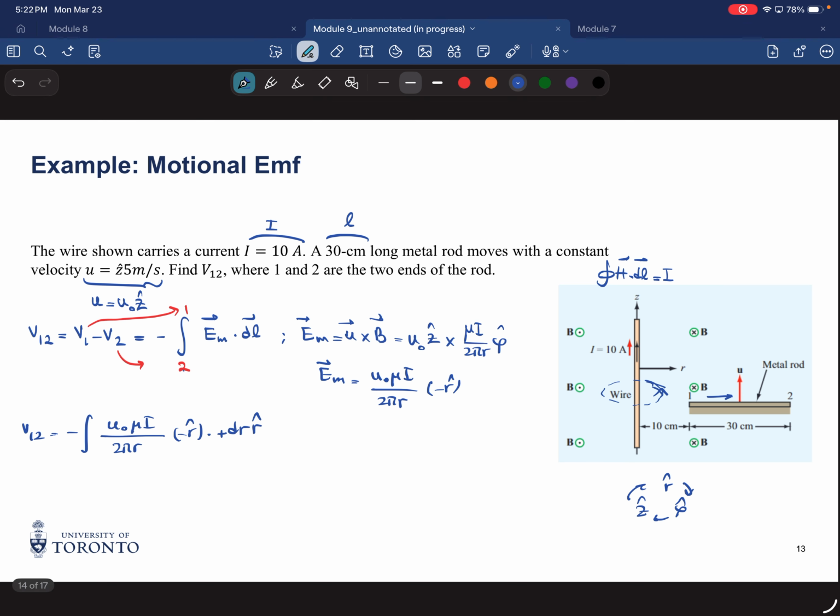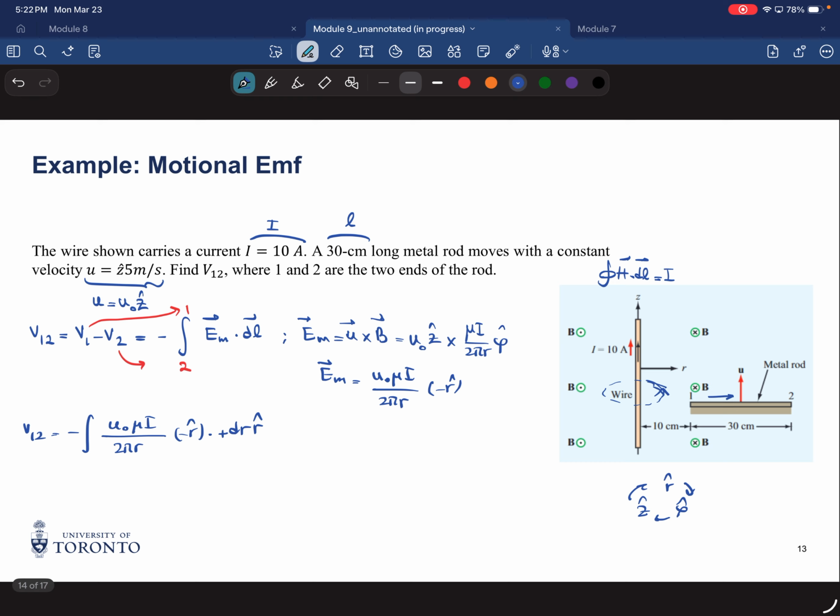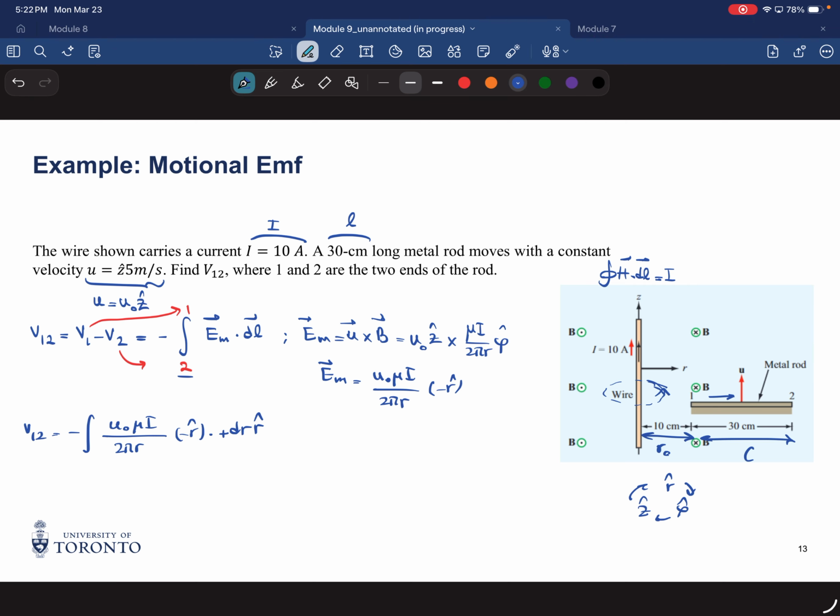So at point 2, which is here, what is the distance from the current? Let's call this one R naught, and this is L. So point 2, how far away is it from the current? R naught plus L. And then point 1 is R naught.